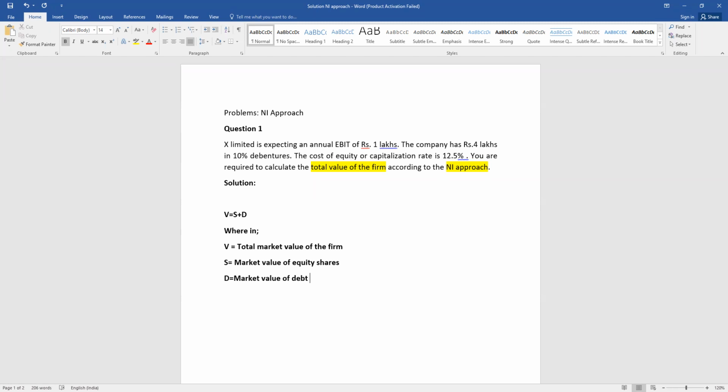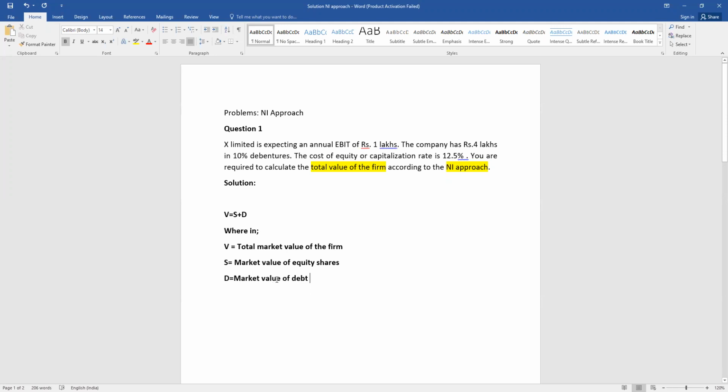So to calculate the value of the firm under NI approach, the formula is V is equal to S plus D, wherein V is the total market value of the firm, S is the market value of the equity shares, and D is the market value of the debt.